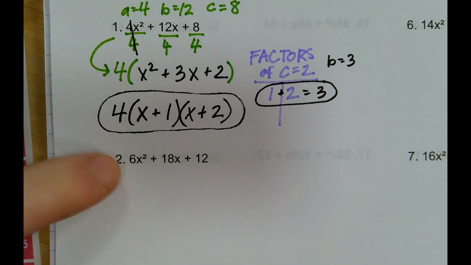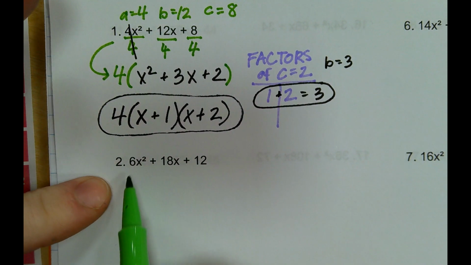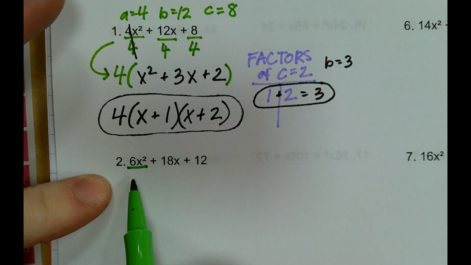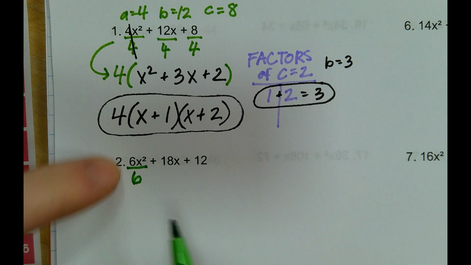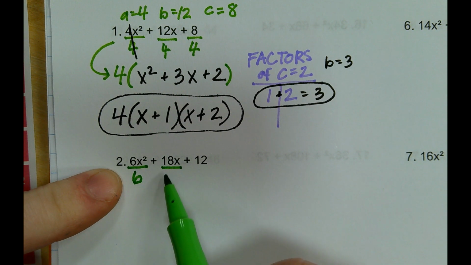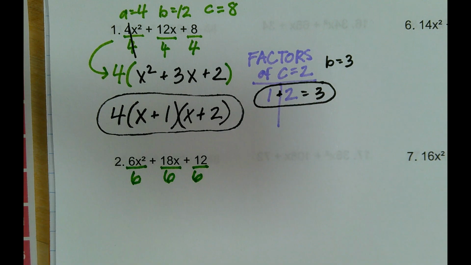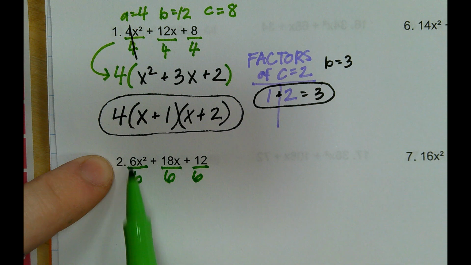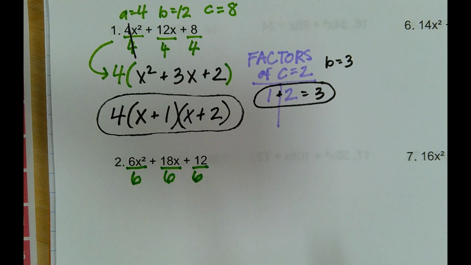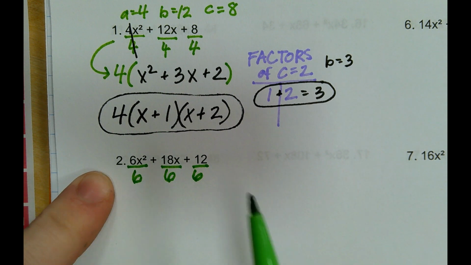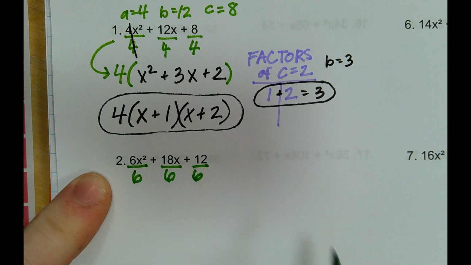The only way for it to become 1 is if we can divide that beginning number by itself. So we have to be able to divide everything by 6 for this process to work. If it cannot be divided by that first number, then we're not going to do it today. So let's focus in on just the ones that can be divided by A.